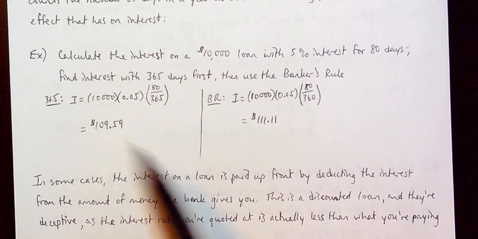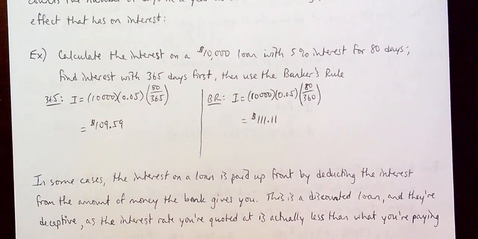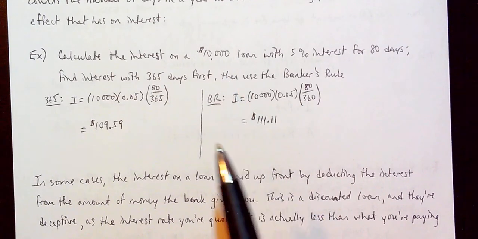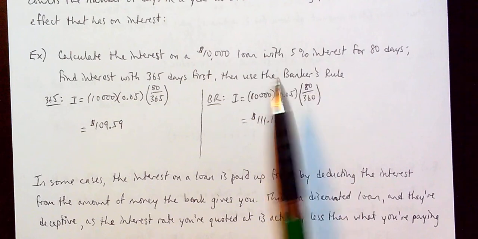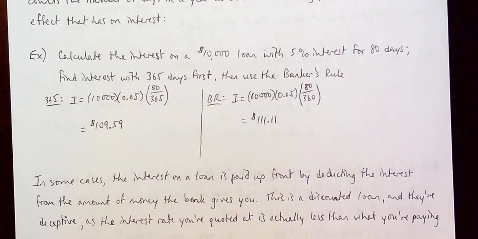Now, comparing these two numbers, there's a very, very small difference. It's $1.52. But think about significantly larger loans. $100,000, $200,000, 5% interest, 4 to 5% somewhere in there, and then picture, say it's over several years.